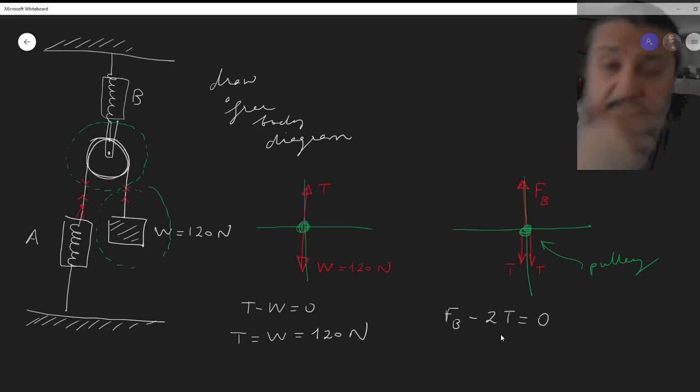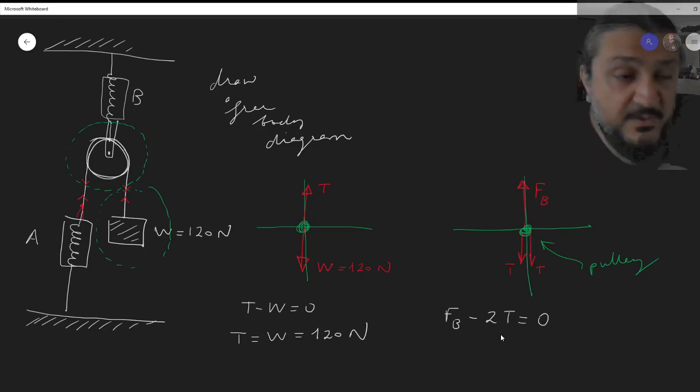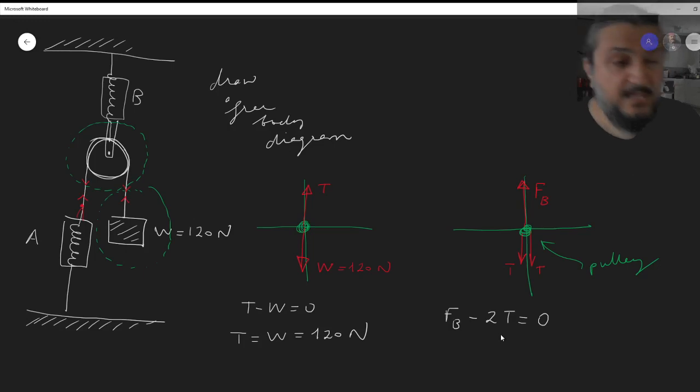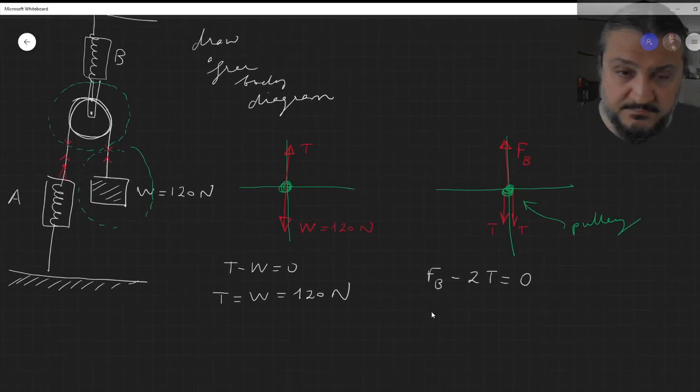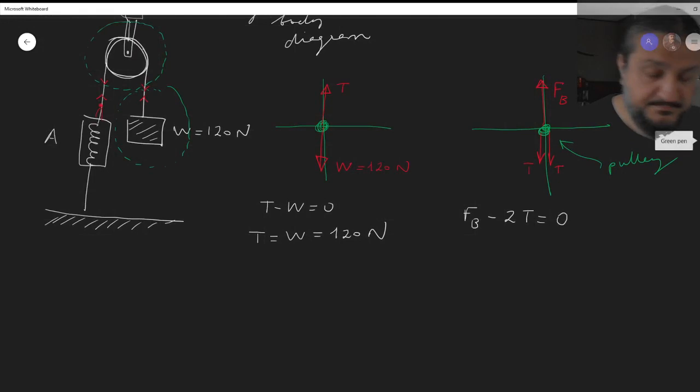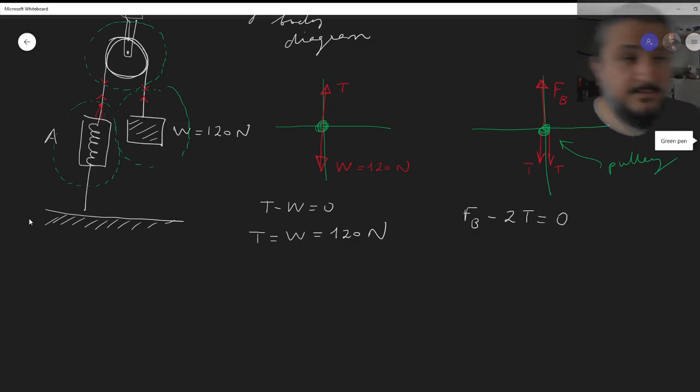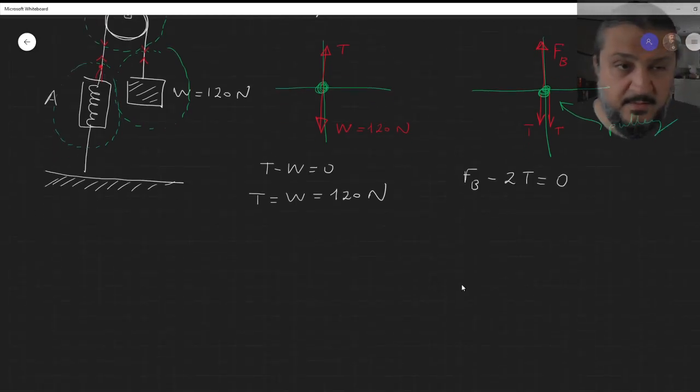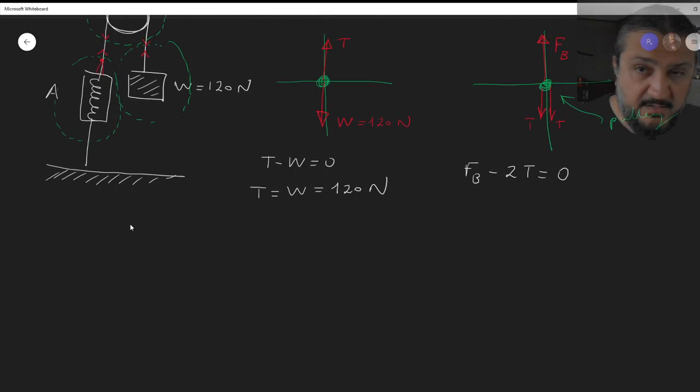Okay. So let's do the same thing for spring A. Meaning, draw a free body diagram.